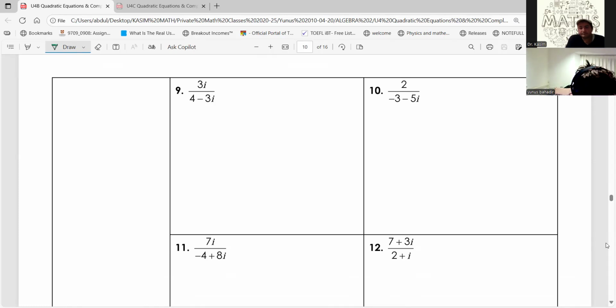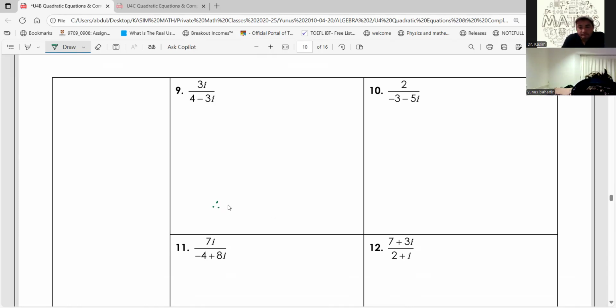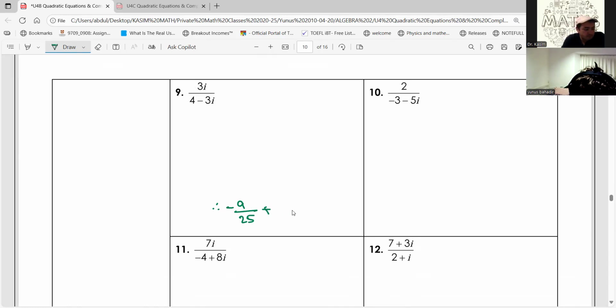Negative 9 over 25 plus, was it 12 over 25i?